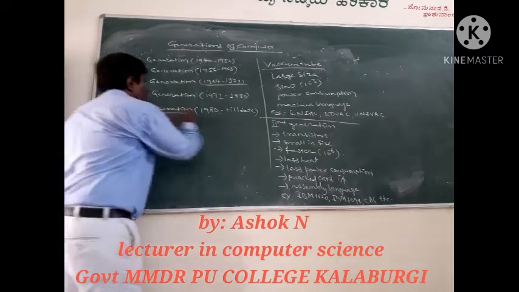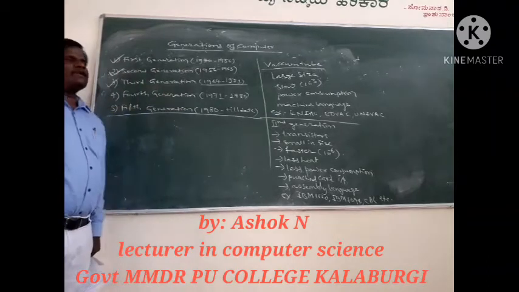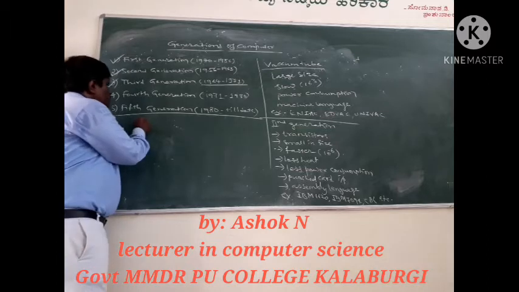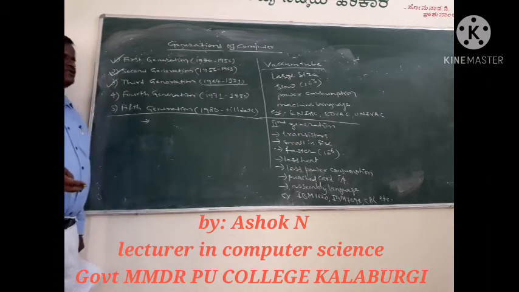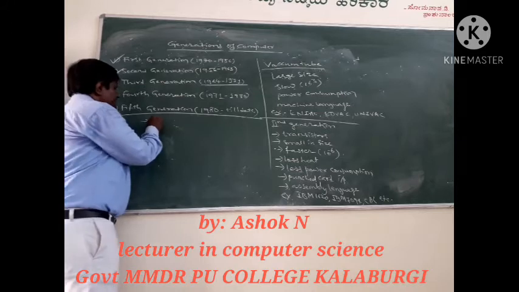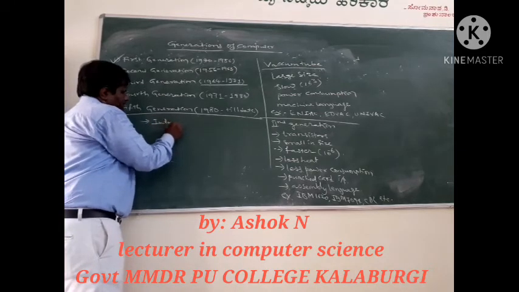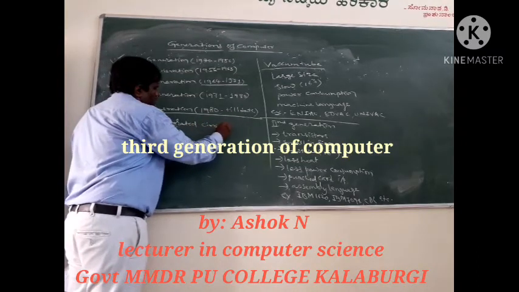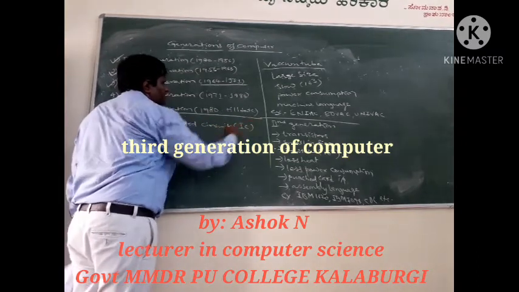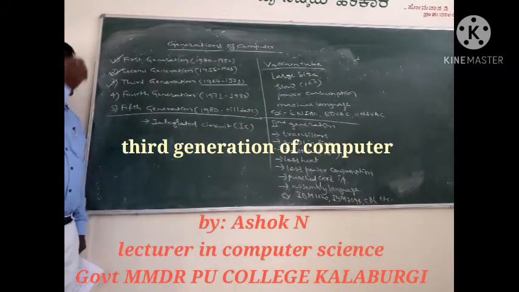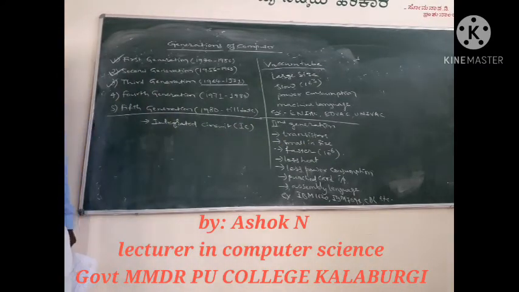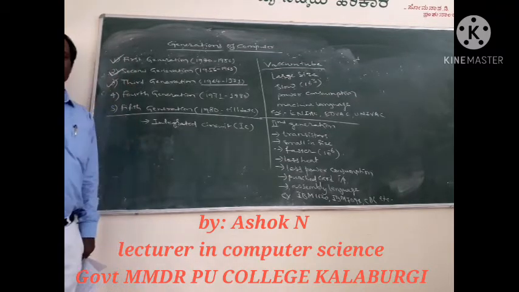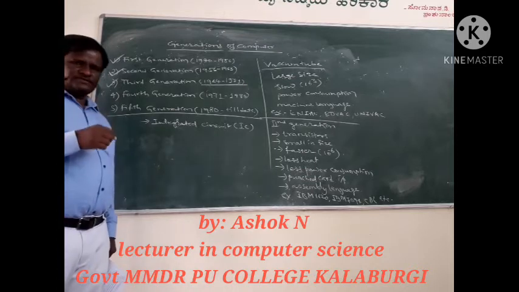So some important points related to the third generation computer are, in third generation computer we start making use of the device that we call an integrated circuit, or the IC or the chip. Again the IC is smaller in size compared to the transistor, and one IC is equivalent to thousands or lakhs of transistors.